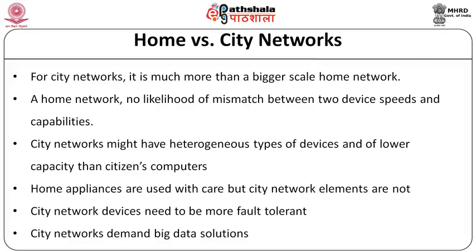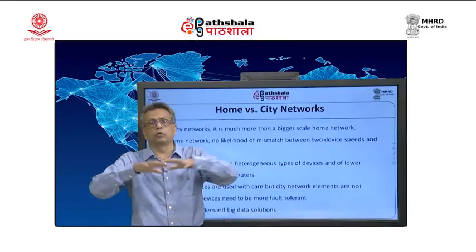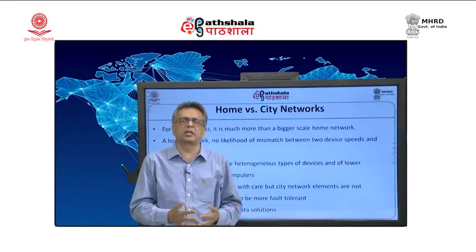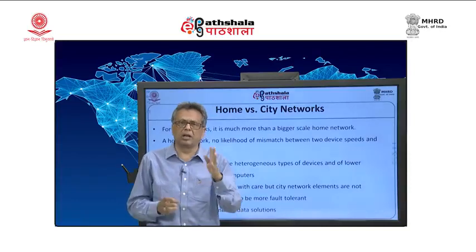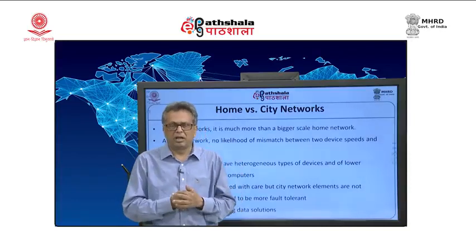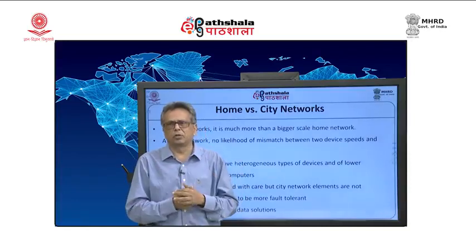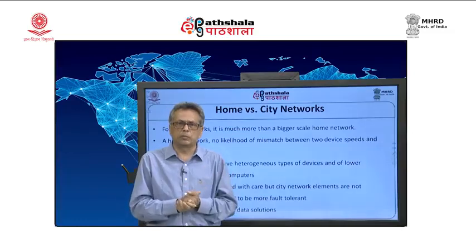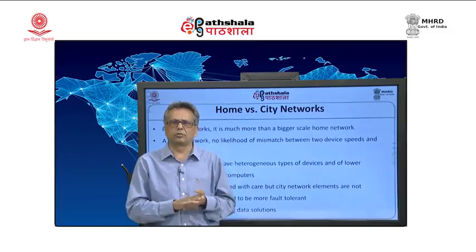Home networks and city networks, as I said, are quite similar, but then there are differences. The biggest difference is of scale, which is a huge thing. Smart cities are huge things, thousands of nodes. Just take one case, suppose you want to cover the entire city with surveillance cameras, every crossroad will have 4 cameras, and assume that every camera captures 10 MB per second, and you have 400 crossroads.